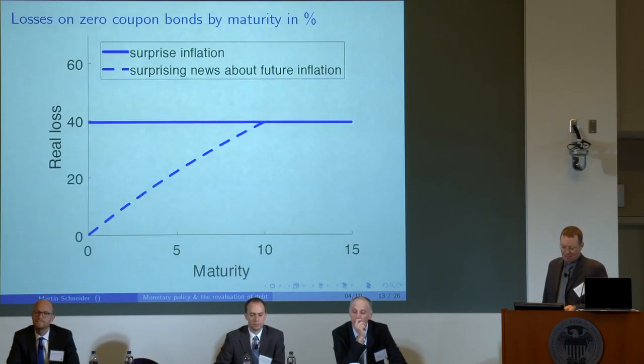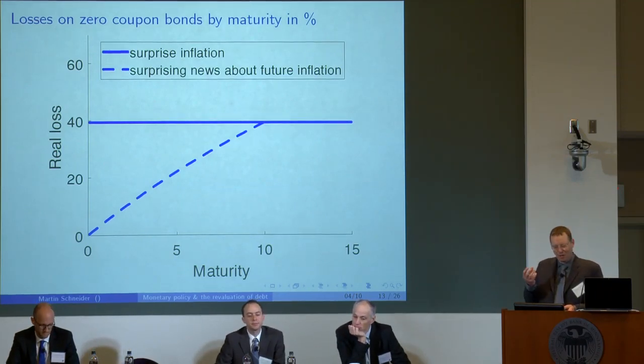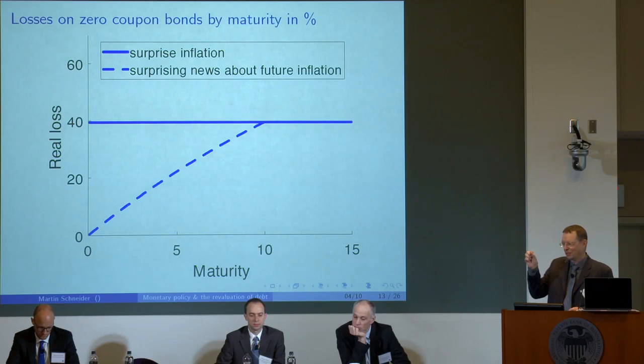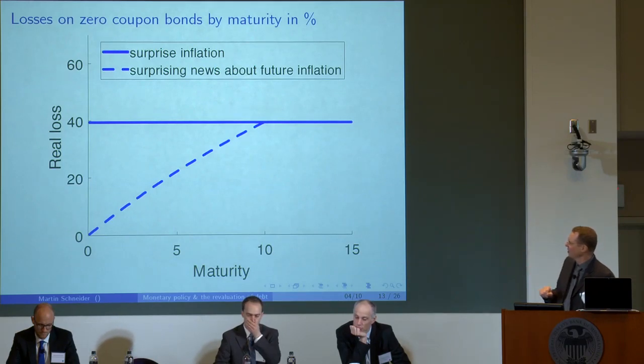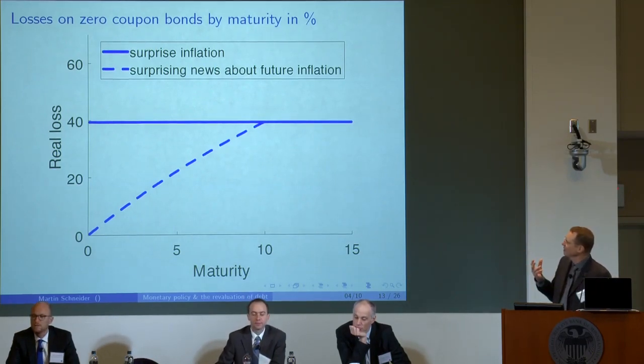To see this in terms of numbers, here I show the losses on 0 coupon bonds. Those are promises that pay off at exactly one date. By maturity, this is the date when it pays. So this is in years on the horizontal axis, and the real loss in percent on the vertical axis.